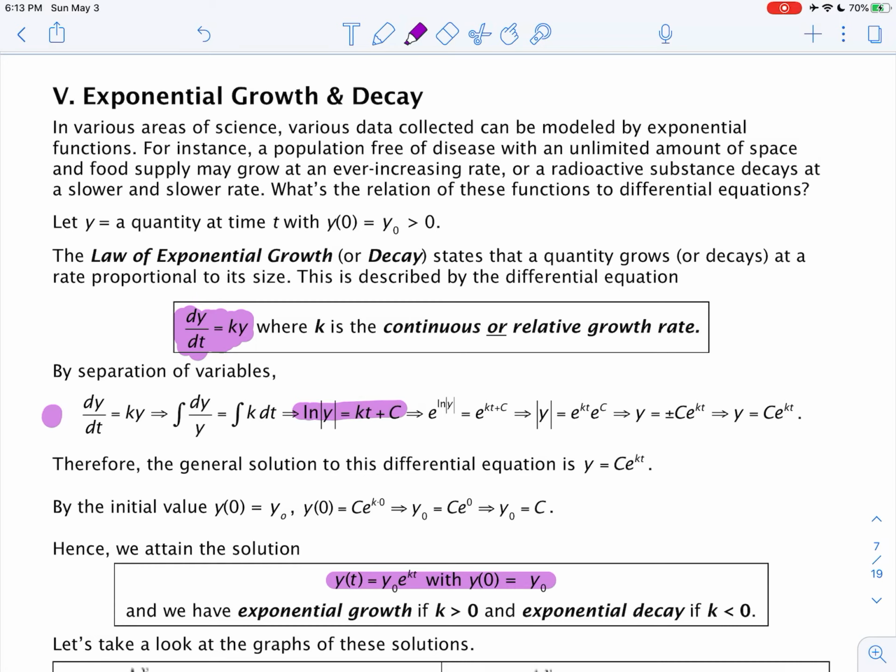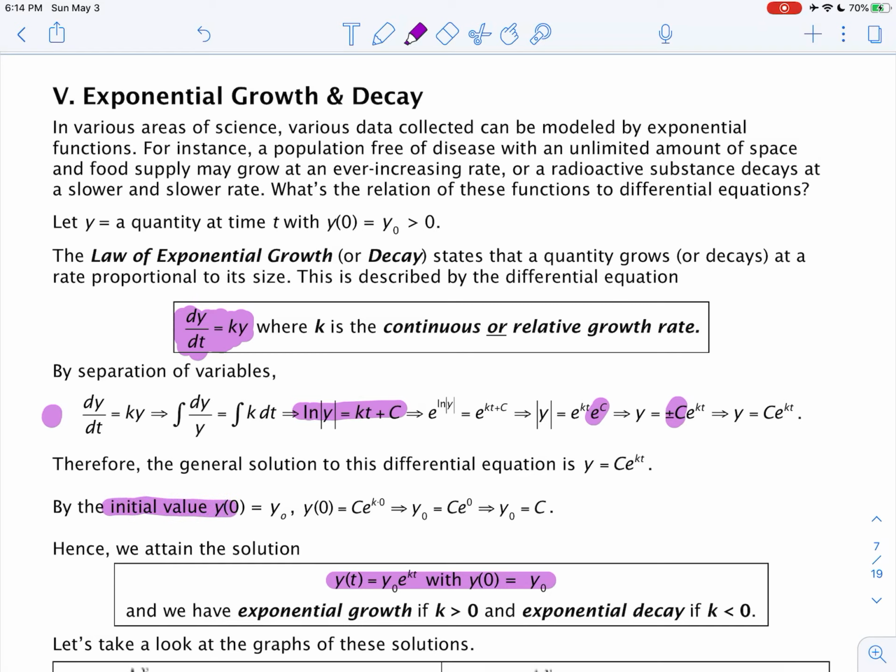And then we use the e to the c as our new arbitrary constant, right? Our e to the c would be our arbitrary constant here. And so then we get to our y equal to c times e to the kt.